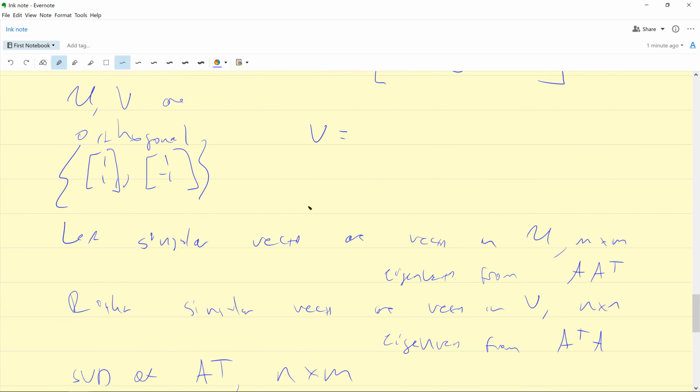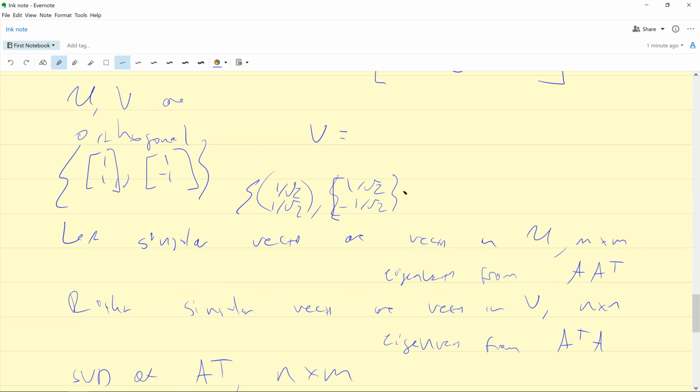And are they unit vectors? No. So we need to get these into unit vectors. Do you know what the unit vectors for these look like? 1 over root 2, and then 1 over root 2. So we have 1 over negative root 2, 1 over root 2, and then 1 over root 2, negative 1 over root 2.